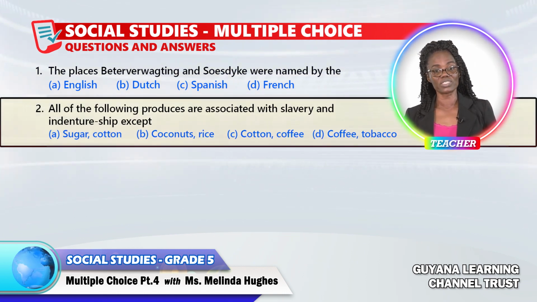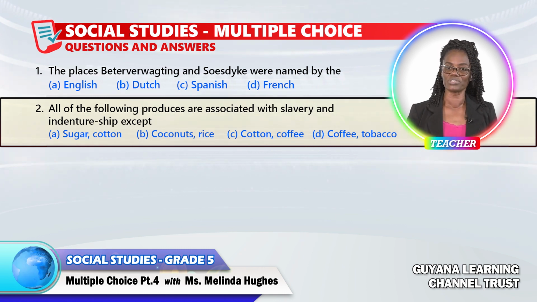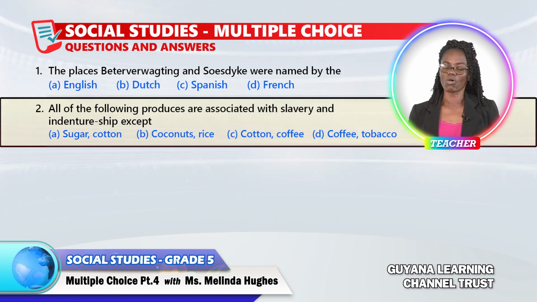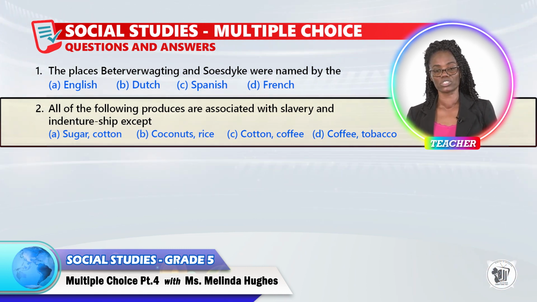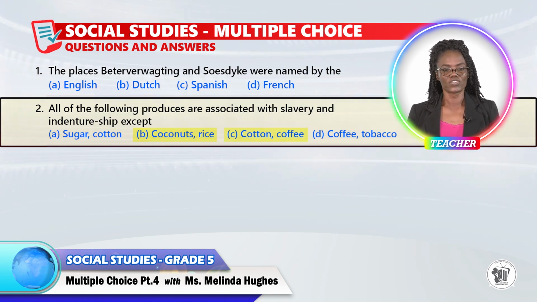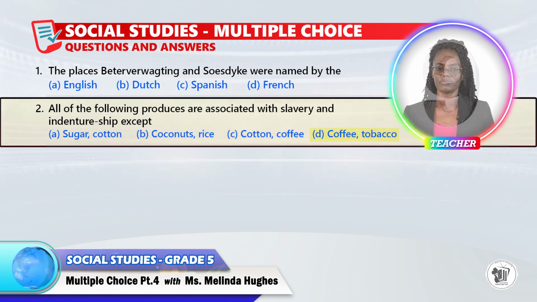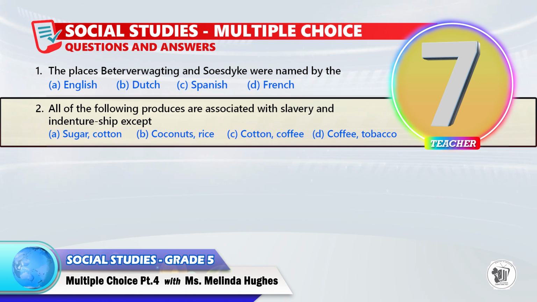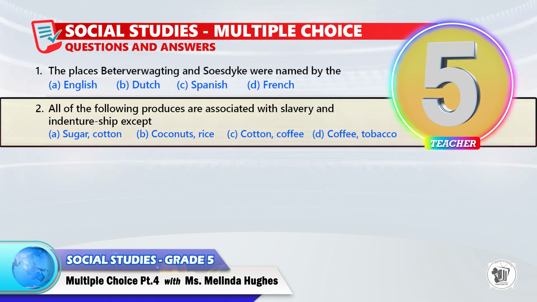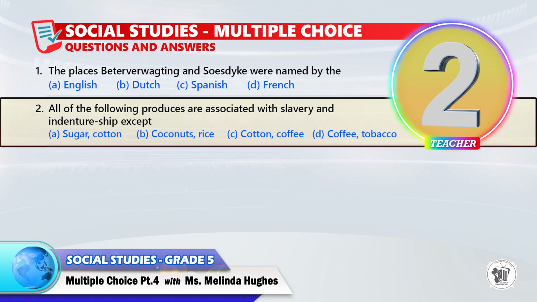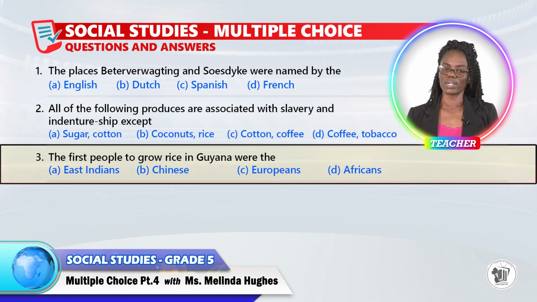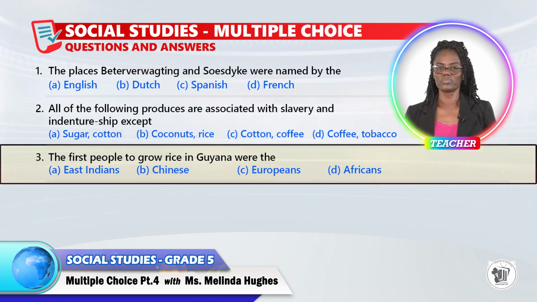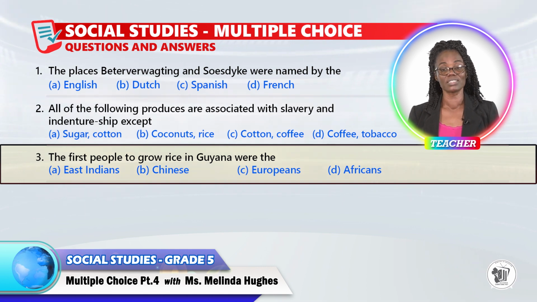All of the following products are associated with slavery and indentureship except A, B, C, or D.